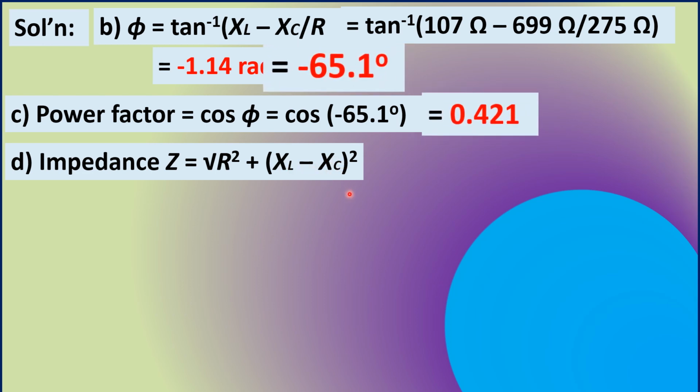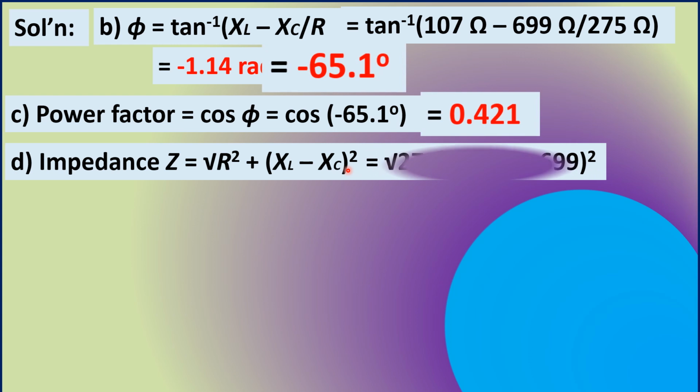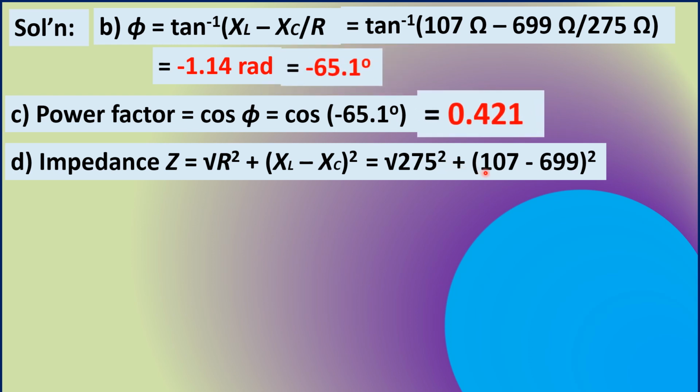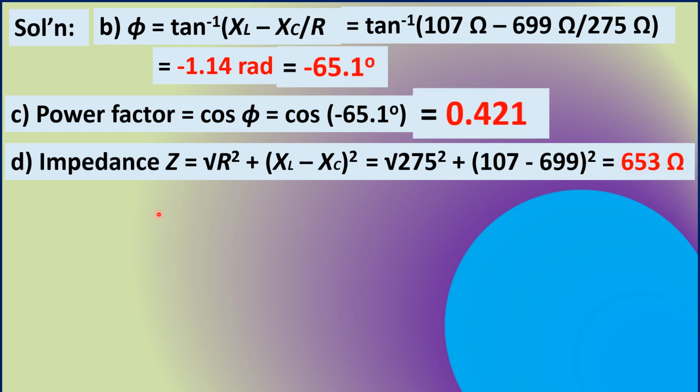Substituting, we have square root of 275 ohms squared plus 107 ohms minus 699 ohms, then get the square of their difference. We will get the value for the impedance equal to 653 ohms.